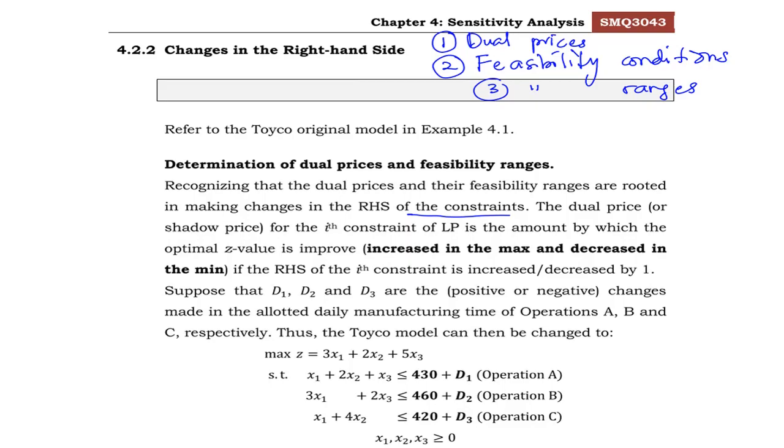So the difference is only at the right hand side. As you can see here, we add D1, D2 and D3 to each constraint. We use capital letters for these changes on the right hand side.